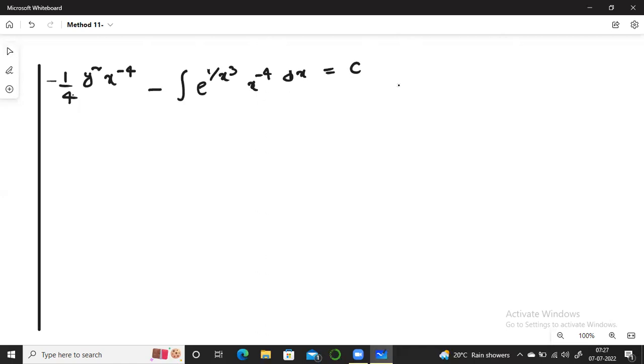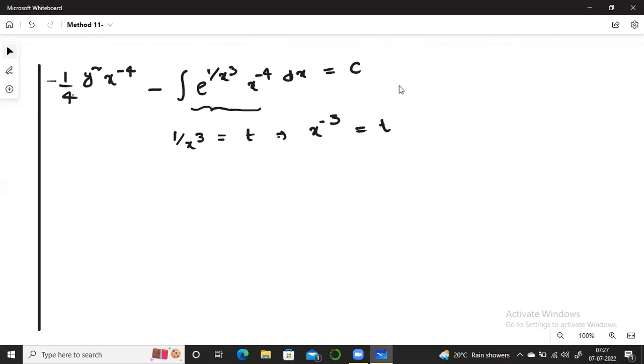To solve this term especially, I use another variable. If I take 1 over x cube as t, what will it become? X to the power minus 3, nothing but 1 over x cube only, it is t.